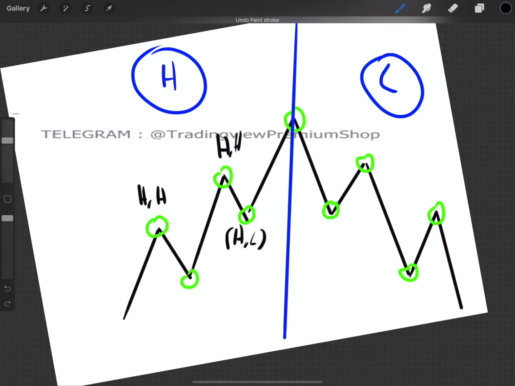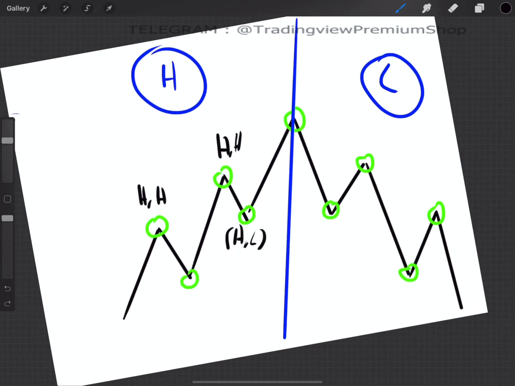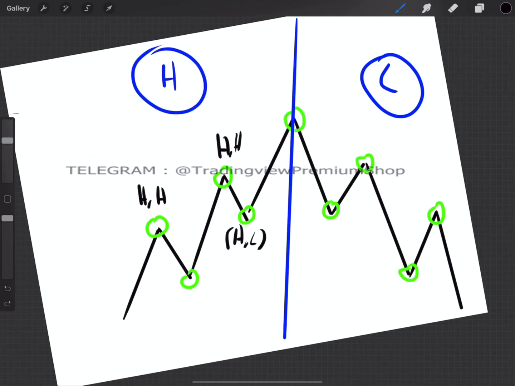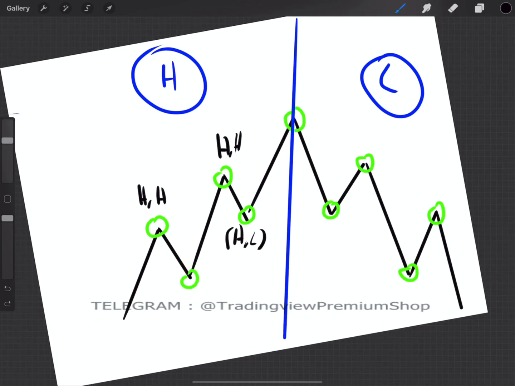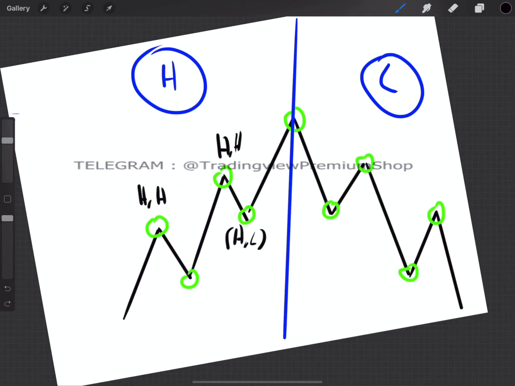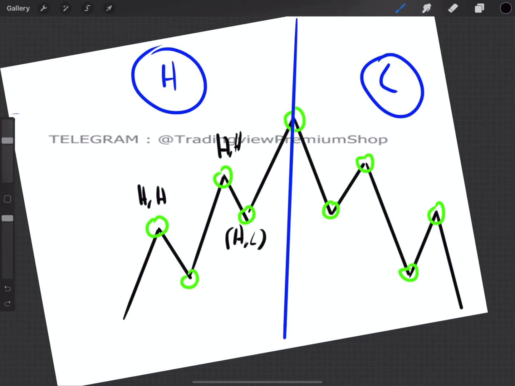Once we get to this point, you'll see that this is like the top of the mountain. So whenever I enter the markets, I would usually not enter at the high, obviously. I'll always enter for a buy at the higher low, because that's the pullback.